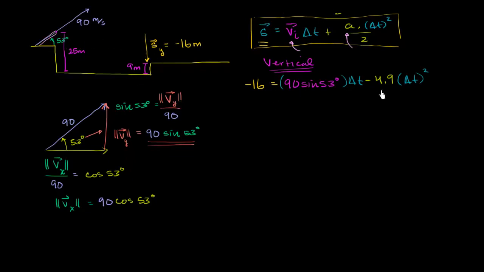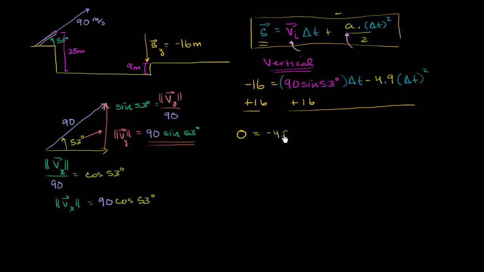So let's put all of this on one side of the equation. Let's add 16 to both sides. On the left-hand side, you just get a 0. 0 is equal to, and I'll write it in the traditional way that we're used to seeing it, the highest degree term first.